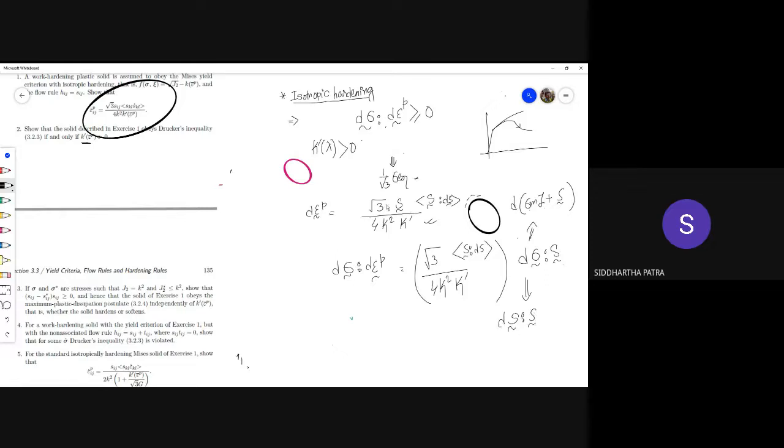And why so? Because let's say if I have a general symmetric tensor, not sigma m but sigma, and I take the inner product with a deviatoric tensor, because inner product is a linear operation, I'm taking the inner product with S, and then it is S inner product S, let's say.